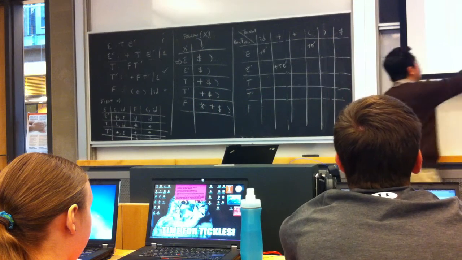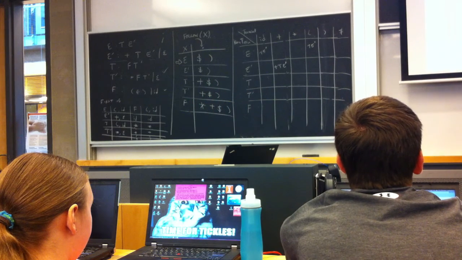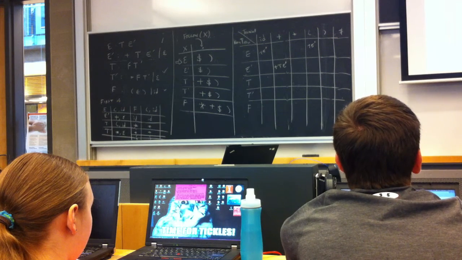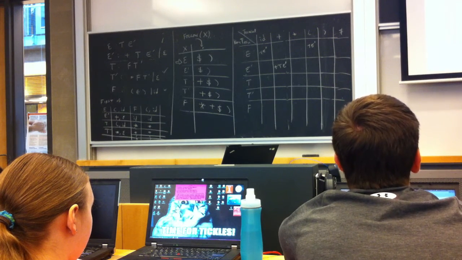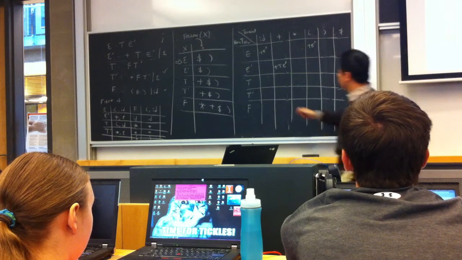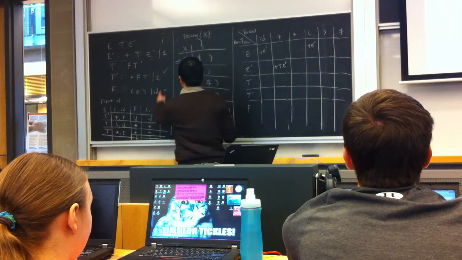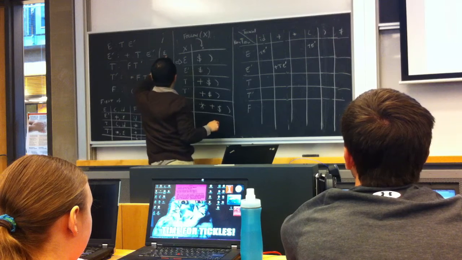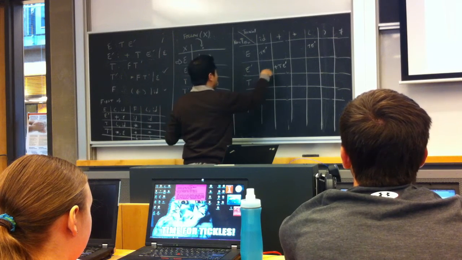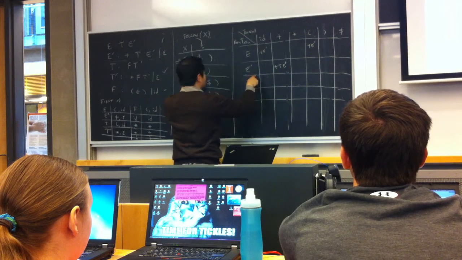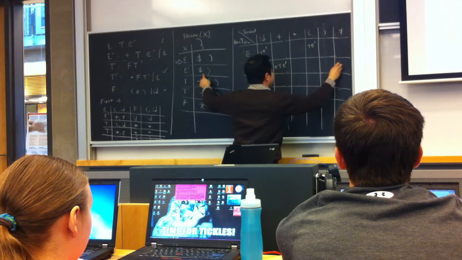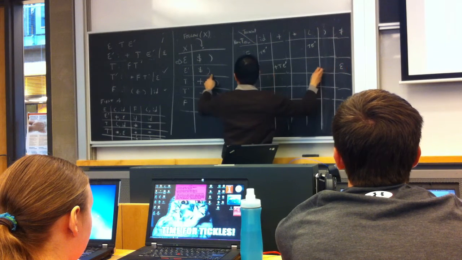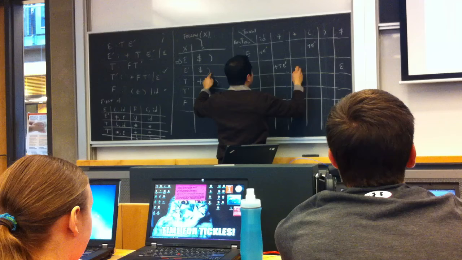Because the body is the empty string, of course empty belongs to the first of that set, so you have to add this rule to A and all the follow elements. So you have to add the rule of E prime producing epsilon to all the follow elements. So that would be dollar, as well as the close bracket.